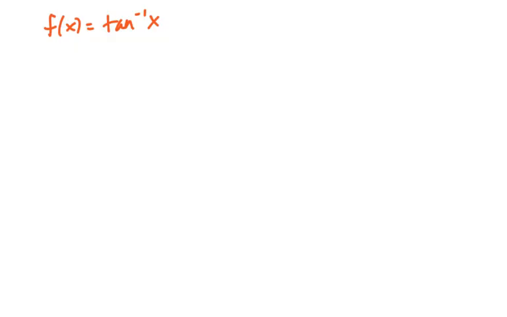Now, if you think about the inverse tangent of x, if you integrate 1 over 1 plus x squared dx, you get inverse tangent of x. That's the thing to note here.